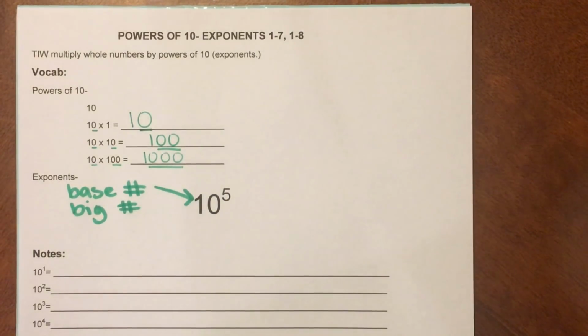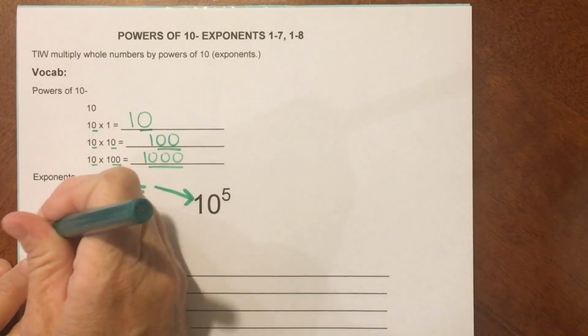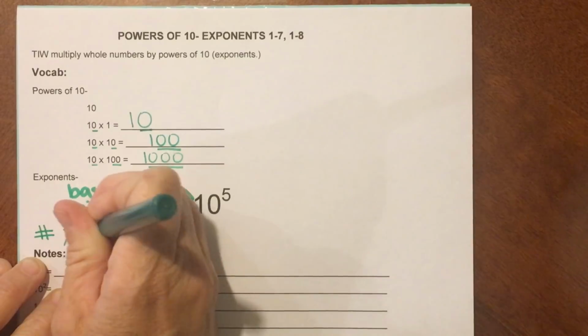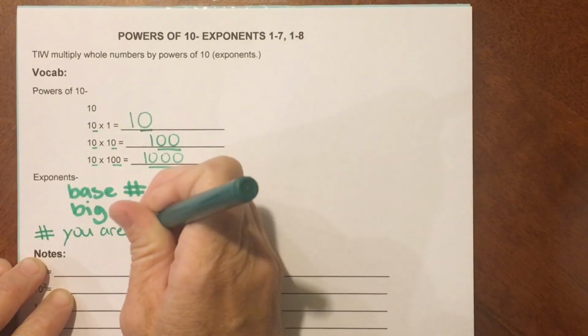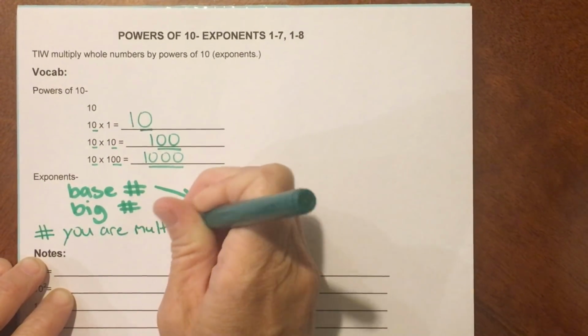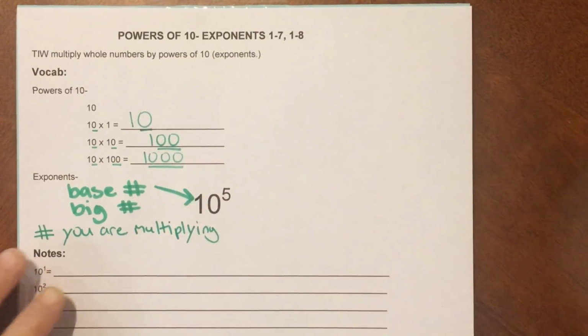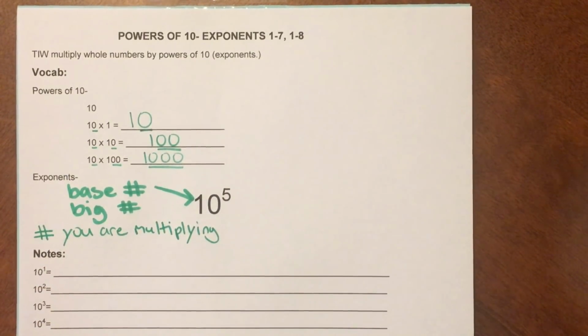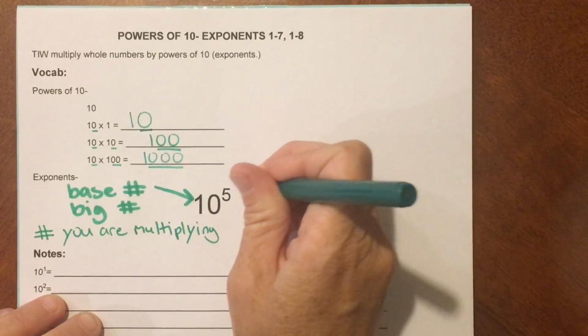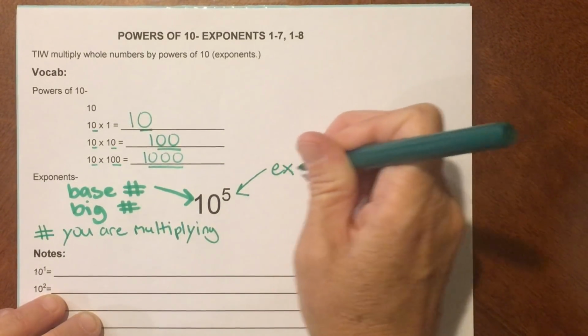Okay, what the base number tells you is it's the number you are multiplying. That's what the base number or big number tells you. Okay, the little number, that's actually called our exponent.